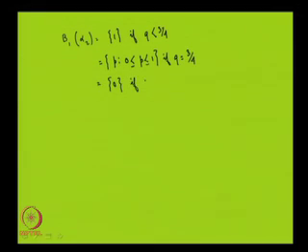If Q is greater than 3/4, P is equal to 0. So, let us draw the diagram, draw the best response function.